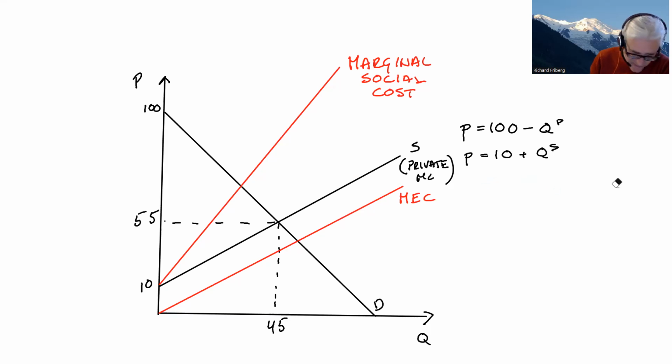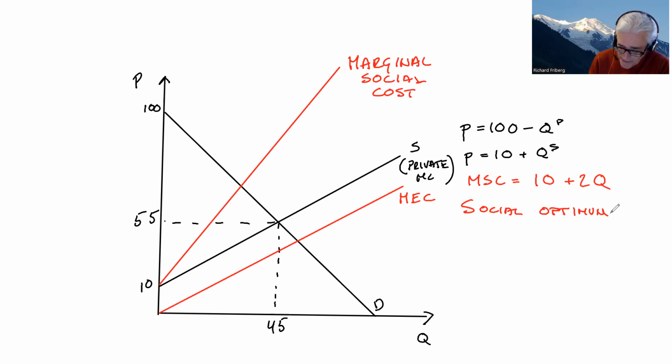We want to find the optimal solution here. So let's first note that marginal social cost equals private plus marginal external cost. So that's 10 plus Q plus Q, so 10 plus 2Q. So the social optimum will be characterized by what?